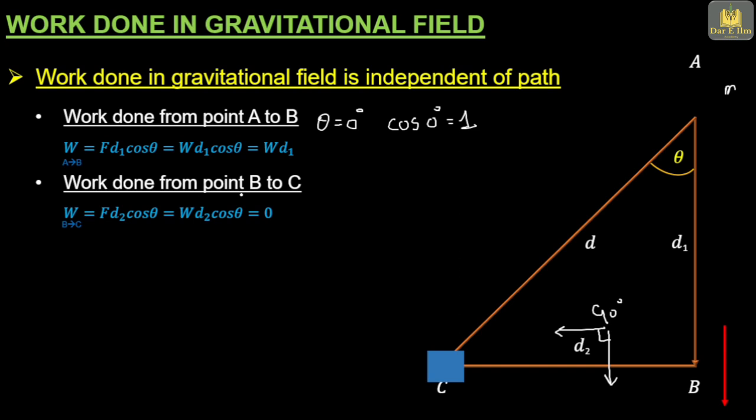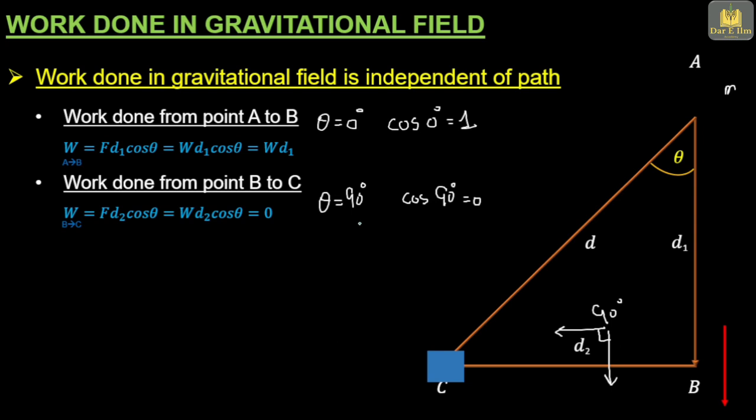So in this case, work done from B to C, theta is 90 degree, and putting the values in the formula, cos 90 degree is always 0. So the amount of work done in taking this object from B to C is 0.